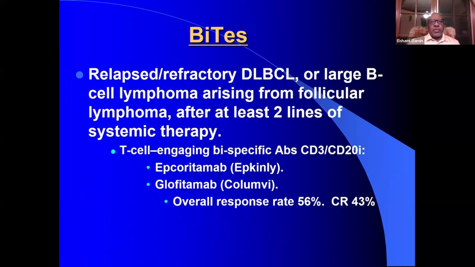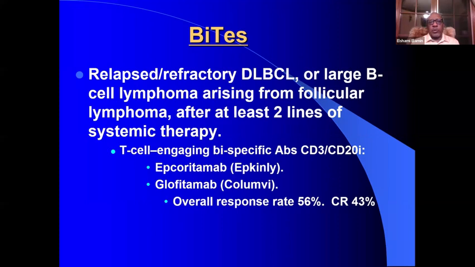It is a bispecific antibody. It hits the CD3, which is T cell, and CD20, which is a B cell. So basically, it is the B and T cell antibody. Those are the 2 BiTEs now available and in use.